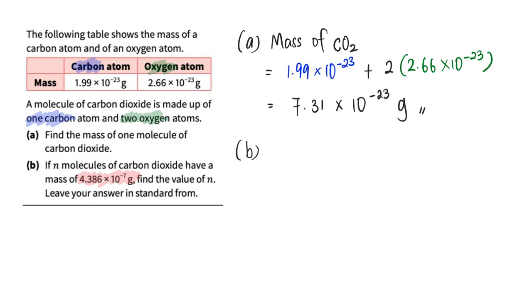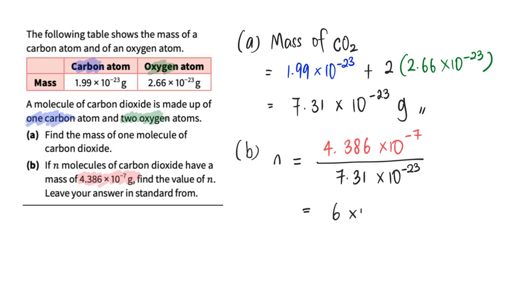So n, the number of molecules, will equal the total mass divided by the mass of 1, which we have found in part A. And this gives me a value of 6 times 10 to the power of 15, which is already in standard form.